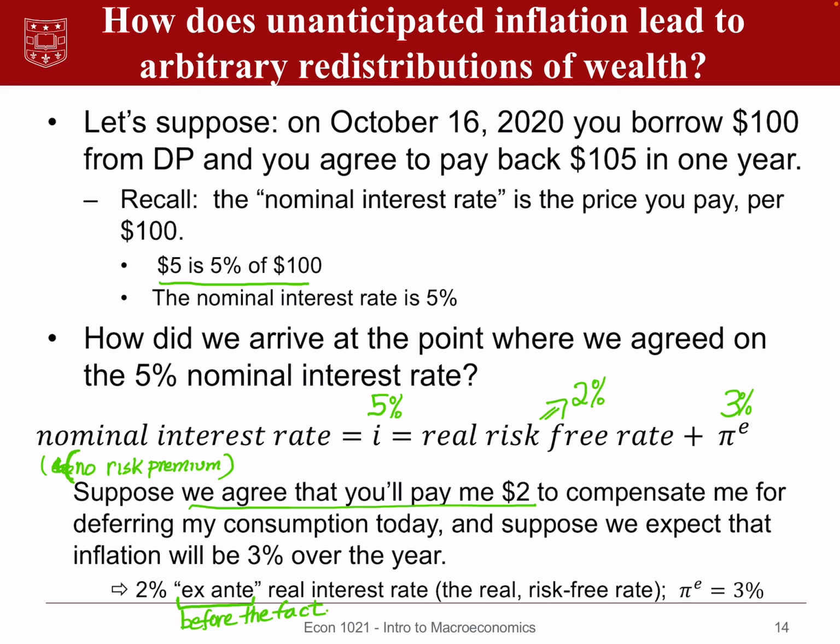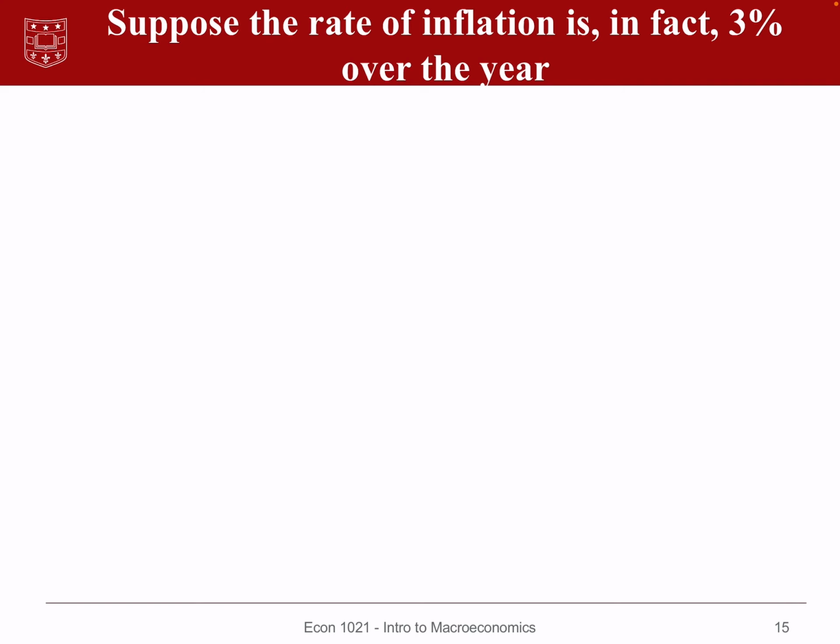People think about what this risk-free rate, or this ex ante real interest rate, has to be, and they form an expectation of what the rate of inflation is, and together that gives us the nominal interest rate. And then in those notes we said time passes, and then we have a realized real return. That's what we're going to turn to now.